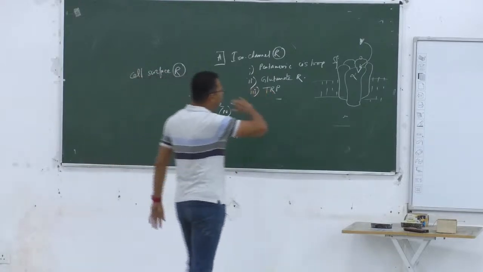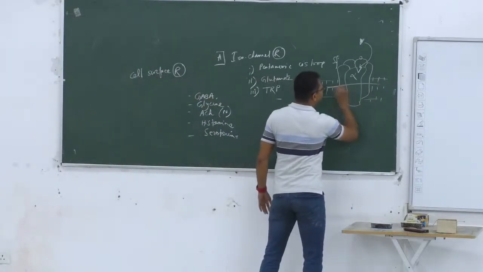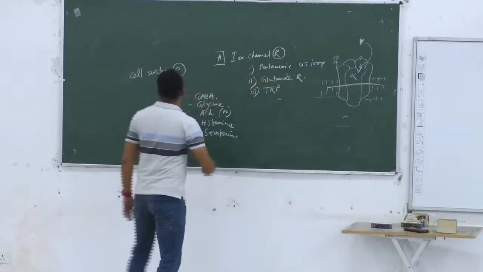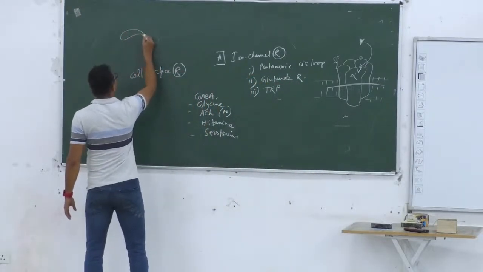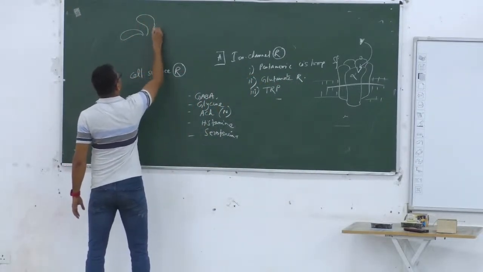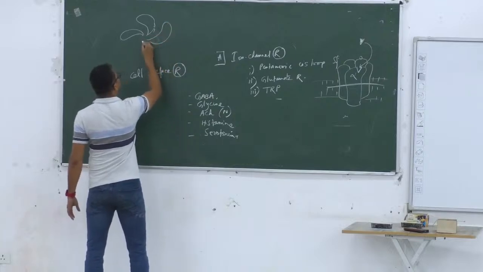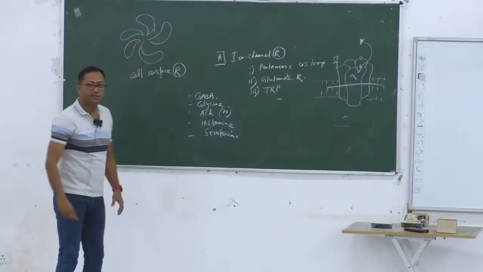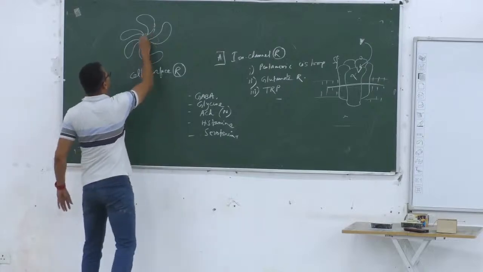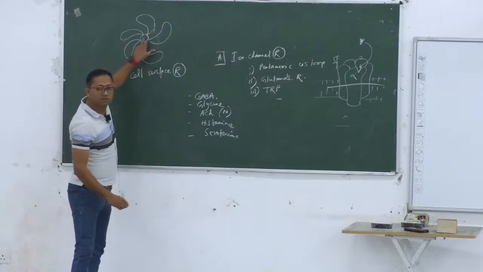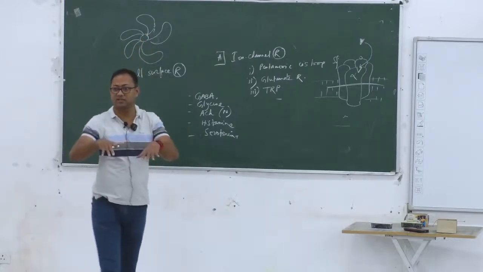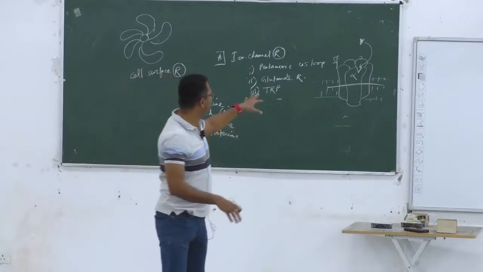So if we do a cross section here, there is a pore through which chloride enters into the cell. So suppose this is a neuron.